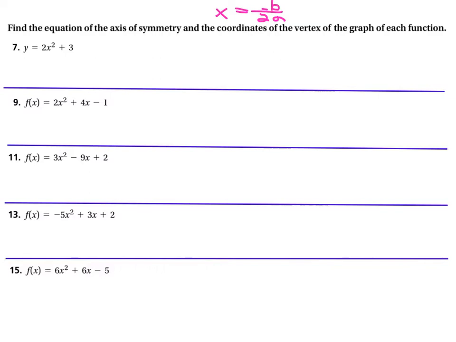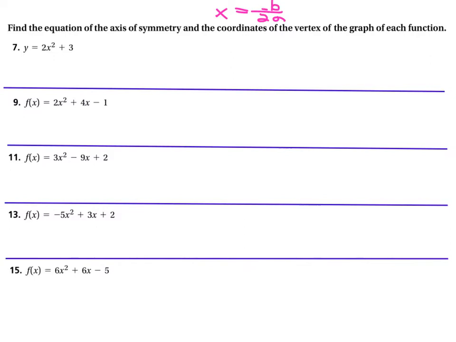It's x equals because the axis of symmetry is going to be a perfectly vertical line, and we describe vertical lines as x equals whatever value we get when we calculate this out. It's going to be a number, so x equals some number, and that's where a vertical line cuts through the x-axis. We're going to use that to figure out the answers to this.